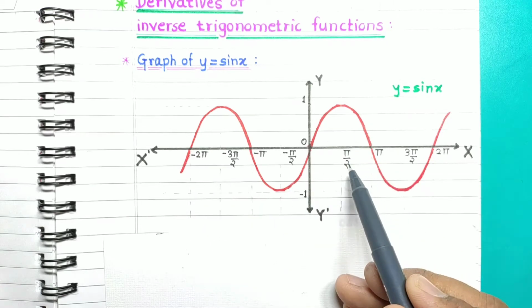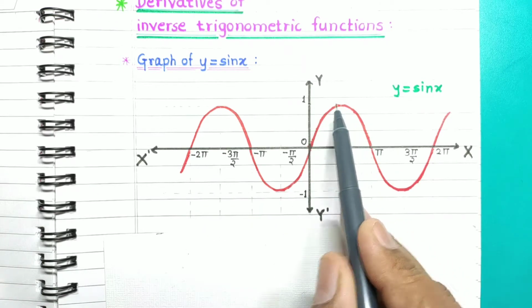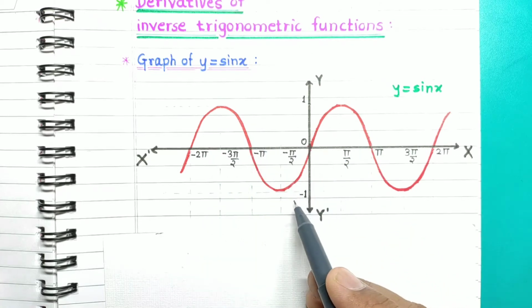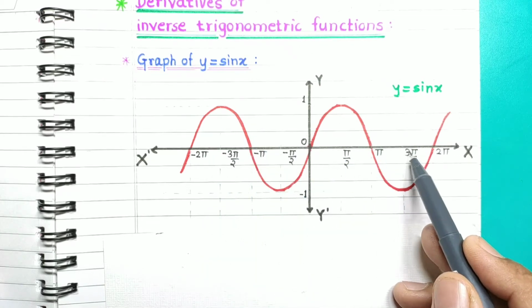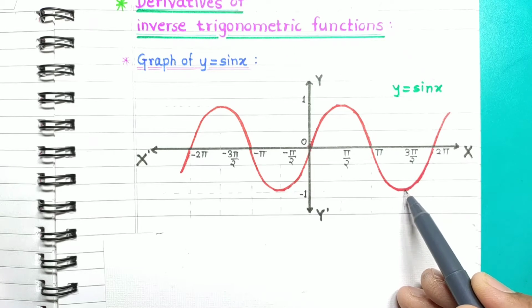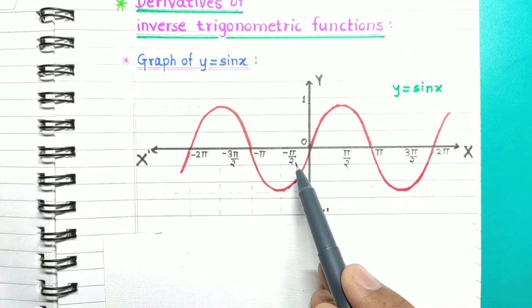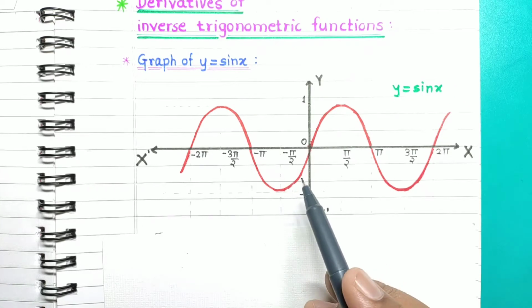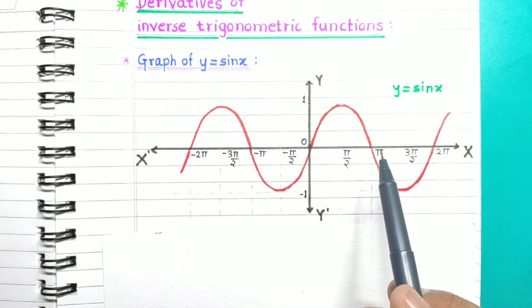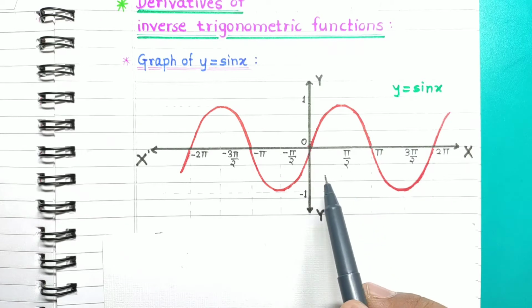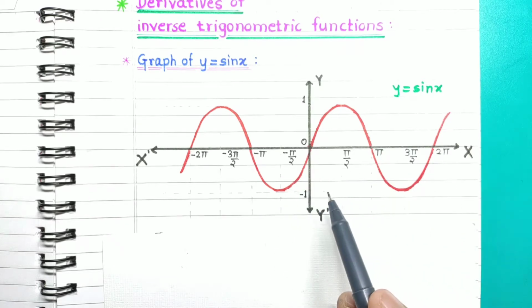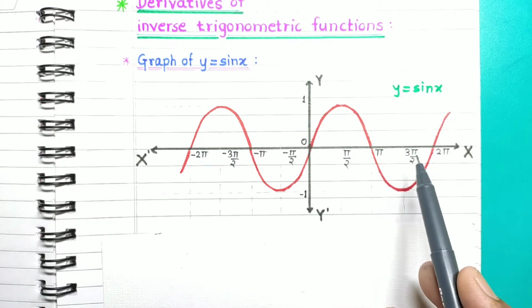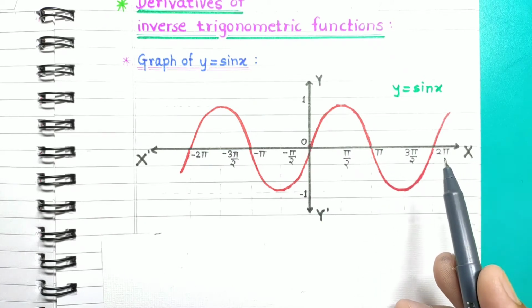Also, sine of pi by 2 is 1, sine of minus 3 pi by 2 is 1. On similar lines, sine of 3 pi by 2 is minus 1, sine of minus pi by 2 is again minus 1. So here we observe that there are infinitely many elements in the domain for which the sine function takes the same value.